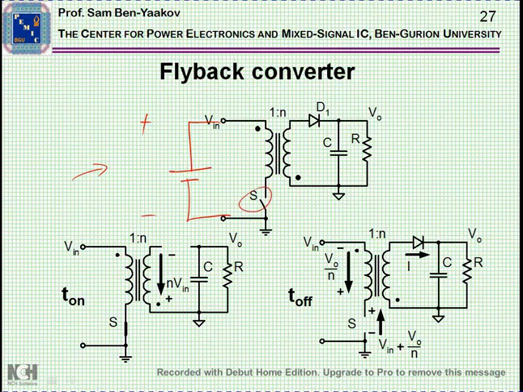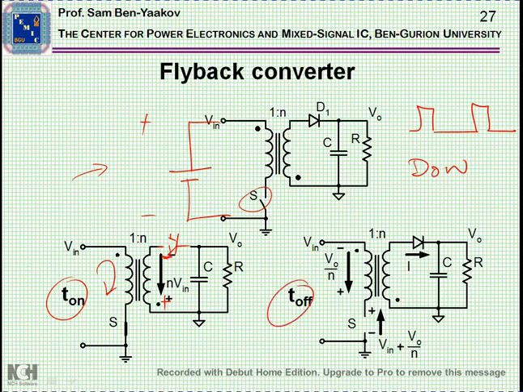The switch is turned on and off at a given duty cycle D on, and as before, we have two stages. During T on, energy is stored. At this time, the polarity is like this, and therefore this diode is reverse biased, so it's non-conducting. And then during T off, the switch is off, and current is flowing now this way.